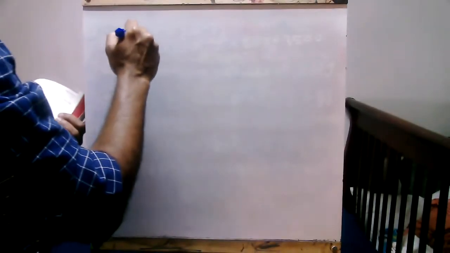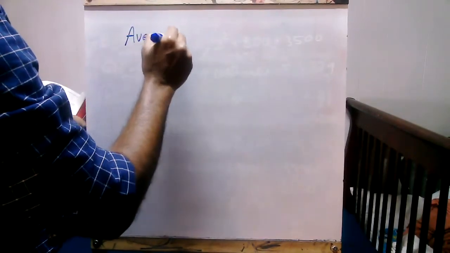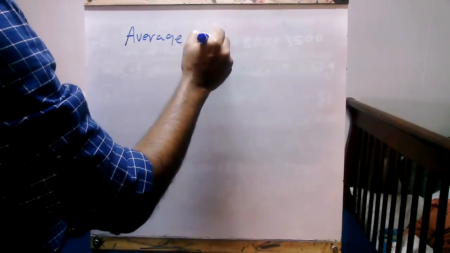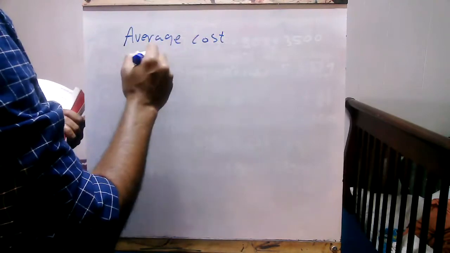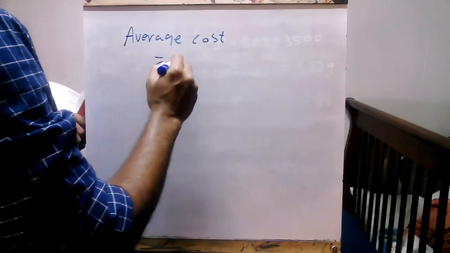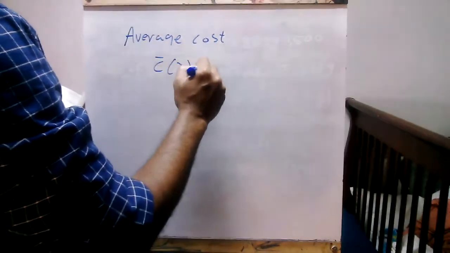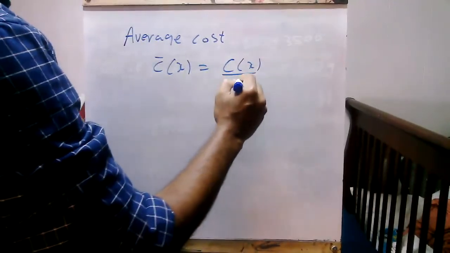Okay, this thing you already know. The average cost is equal to the cost divided by the number of items.